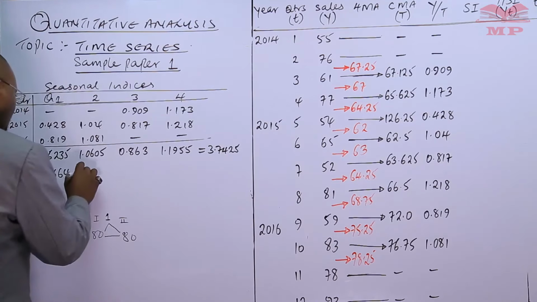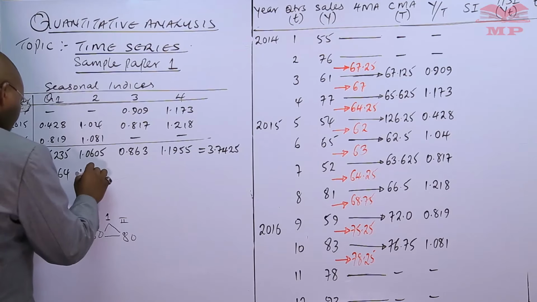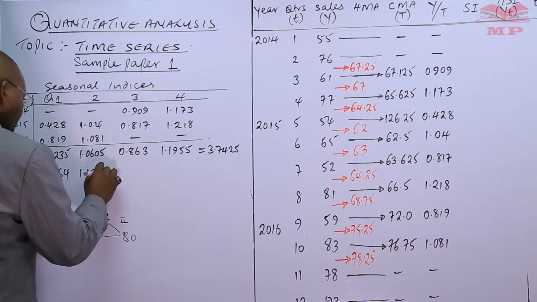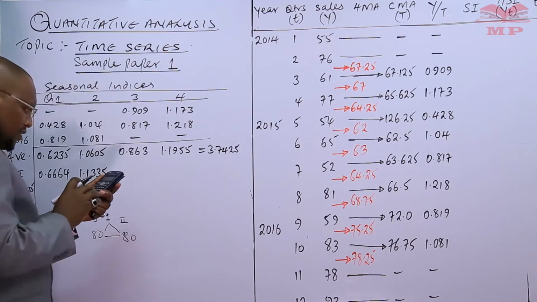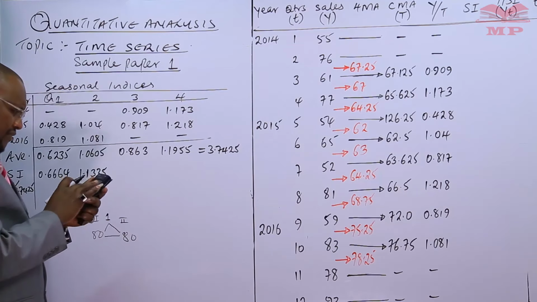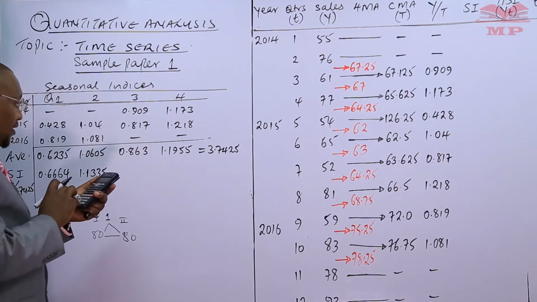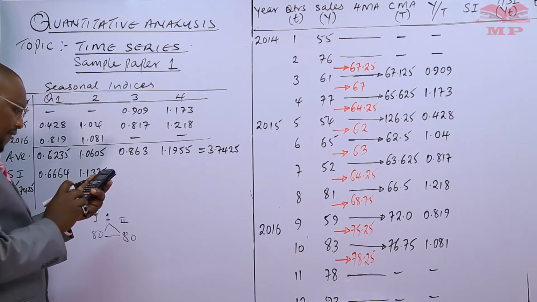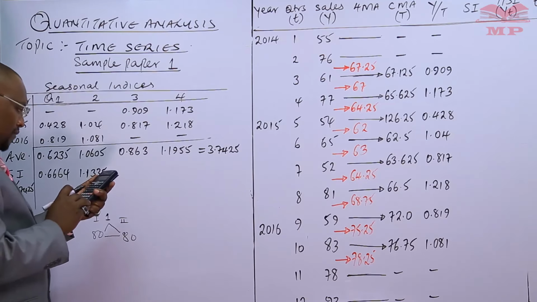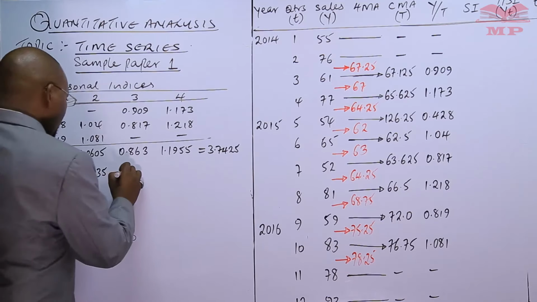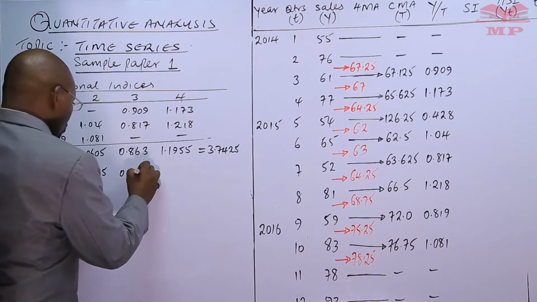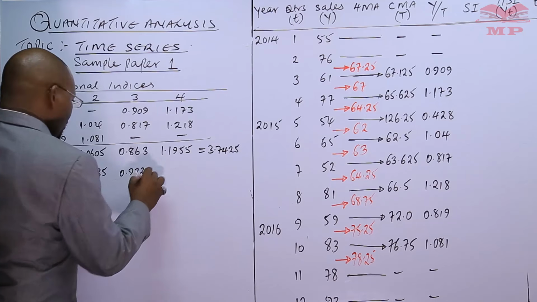So this is 1.1335. Then we have 0.863, this is 0.9224.